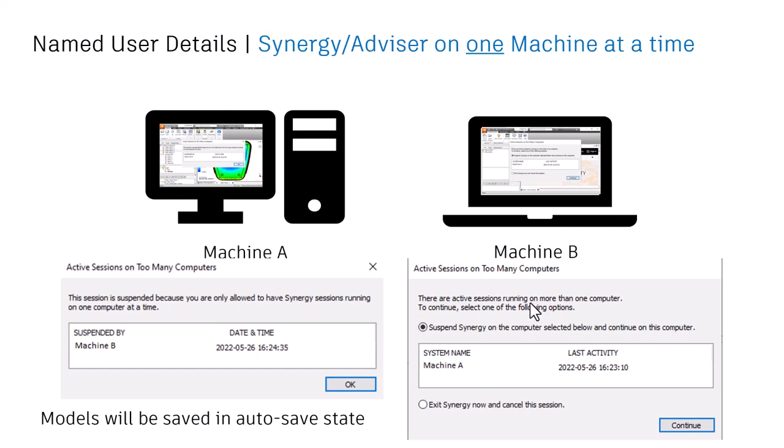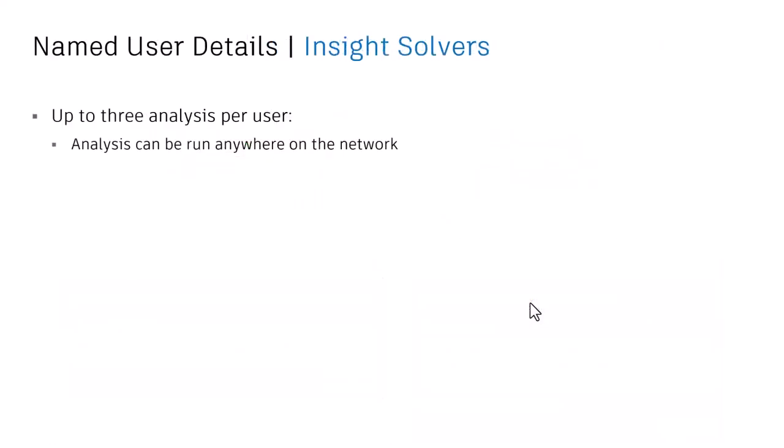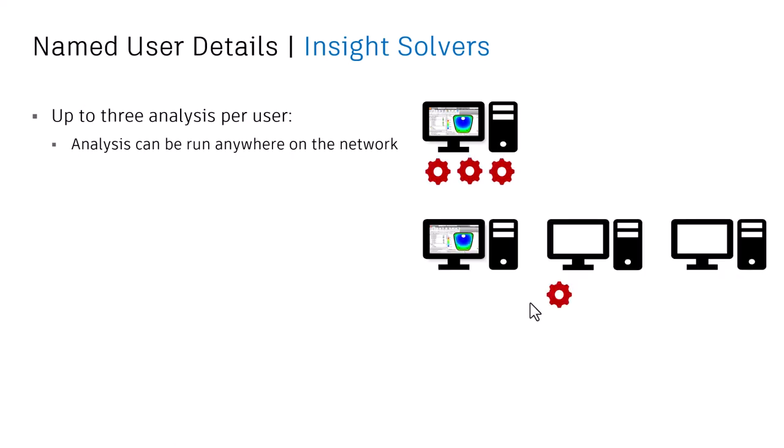So there is no limit on the number of installations, but a single license of course will work with one user. If you have one Synergy assigned to your name, the same login has to be done on machine B, and only then will you get the notification. So up to 3 analyses per user, and they continue to work as in the previous version.